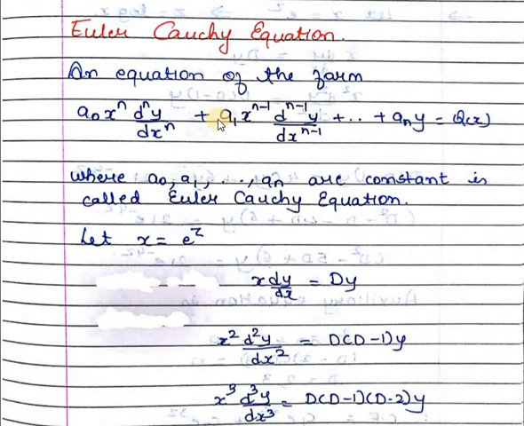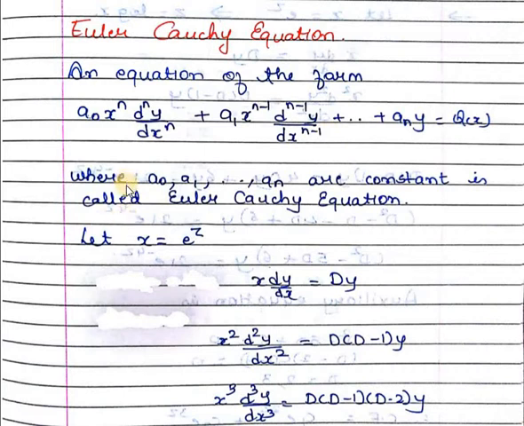An equation of the form a0 x raised to n d raised to n y divided by dx raised to n plus a1 x raised to n minus 1 into d raised to n minus 1 y divided by dx raised to n minus 1 plus so on plus an y is equal to q of x, where a0, a1 up to an are constants, is called the Euler-Cauchy equation. So an equation of this form is called the Euler-Cauchy equation.